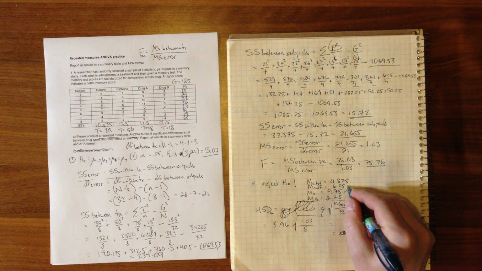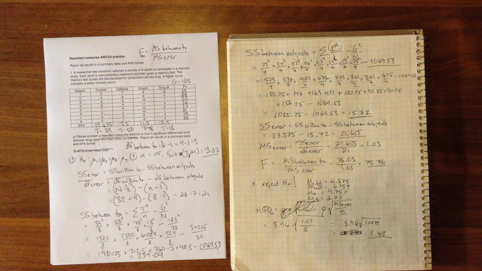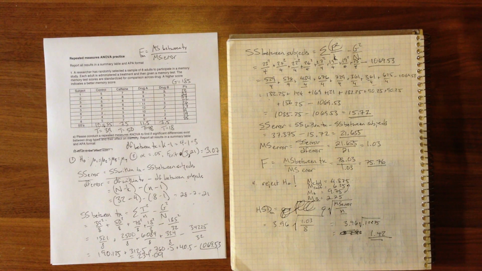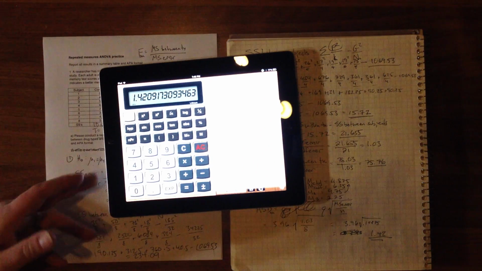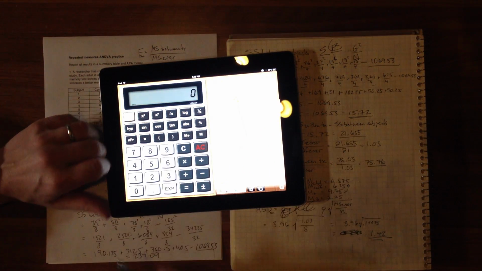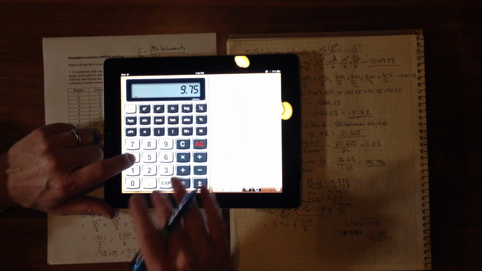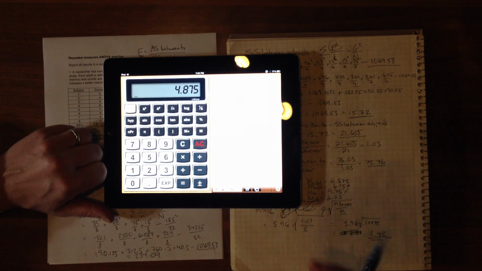Is this difference that big enough? So is the difference between drug A and caffeine this much or better? And the answer is yes. Okay, so 9.75 minus 4.875, right?